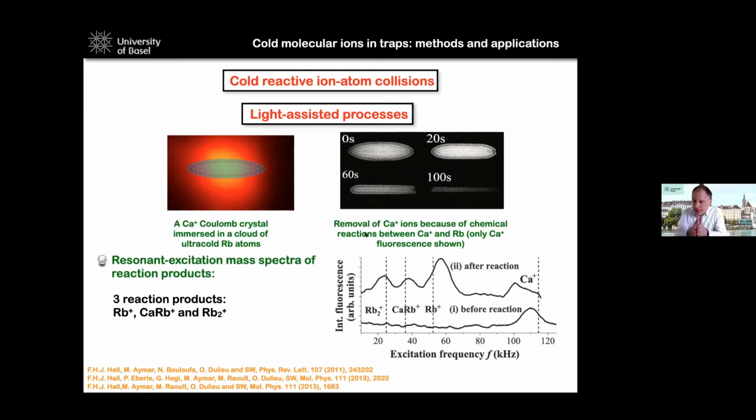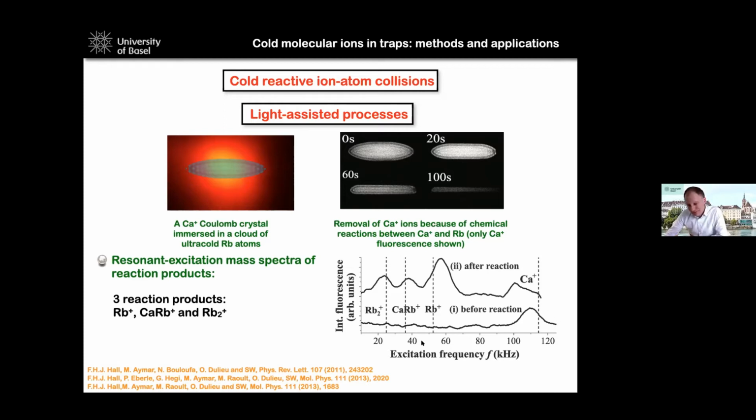So one can apply a small tickle voltage to an electrode in the ion trap to resonantly excite the ions in the trap. So scan the frequency of this tickle voltage and then map out resonant excitation of the ions, which depends on the mass of the ions in the trap. In this way, you can take a mass spectrum of the species in your trap.